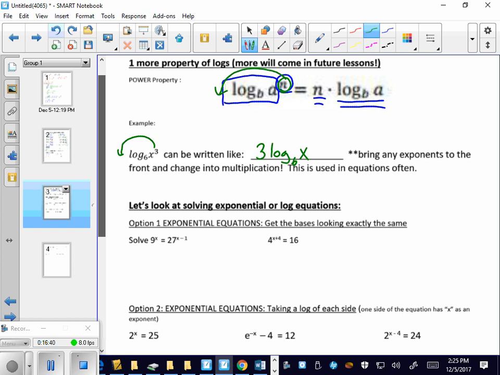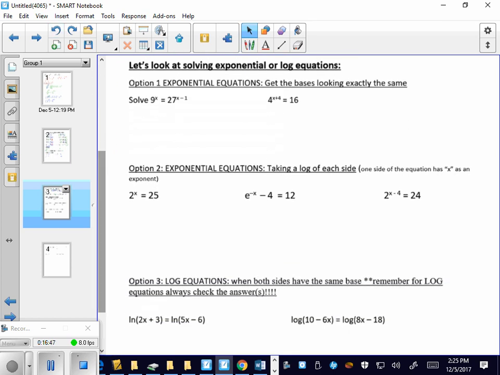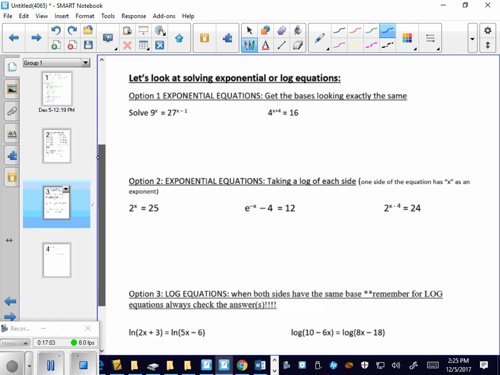So how does that help? What it helps us with is actually solving equations. All right, and there's a couple of different things that we can do here. If we know that the bases are the same, so let me just give you a quick example. Actually, I'm going to move this back up for a second.